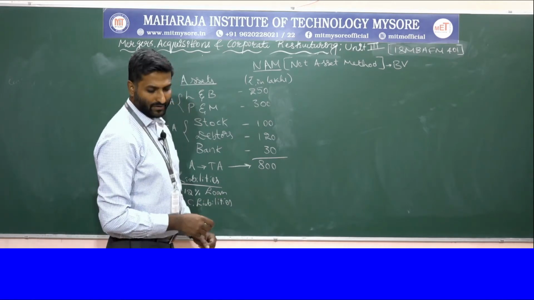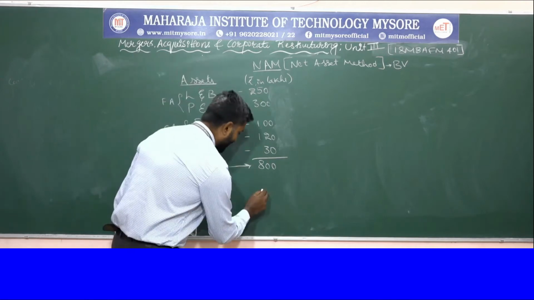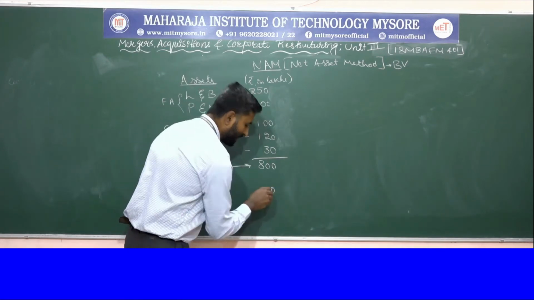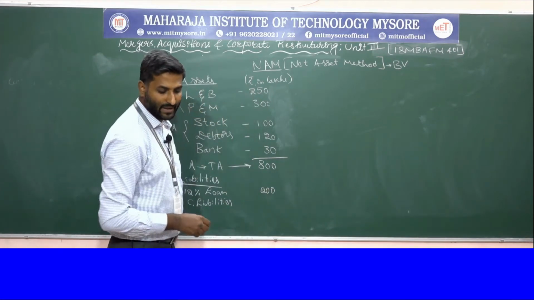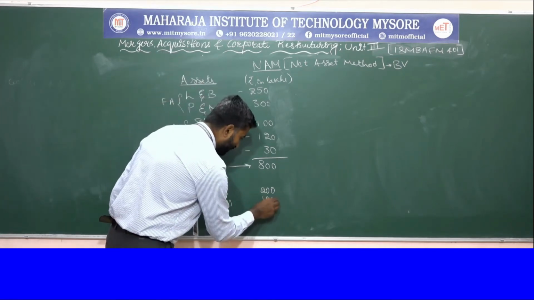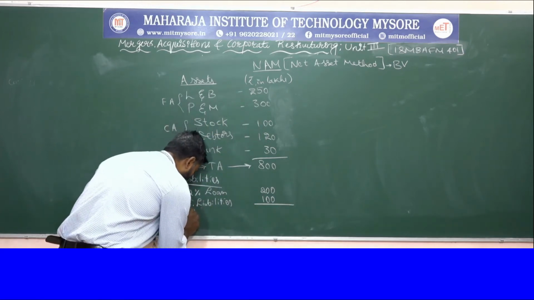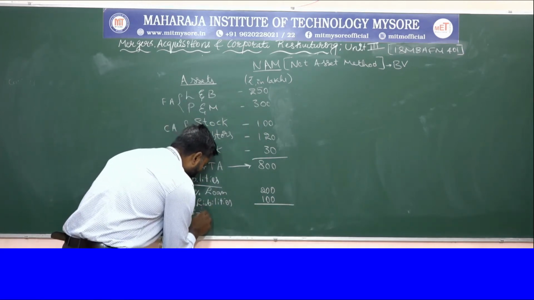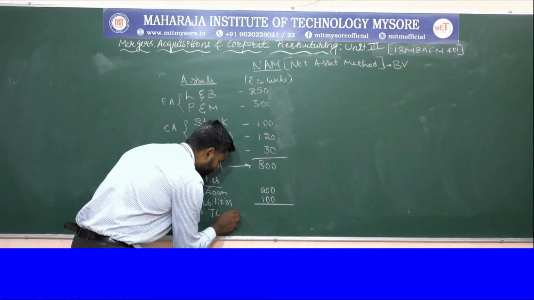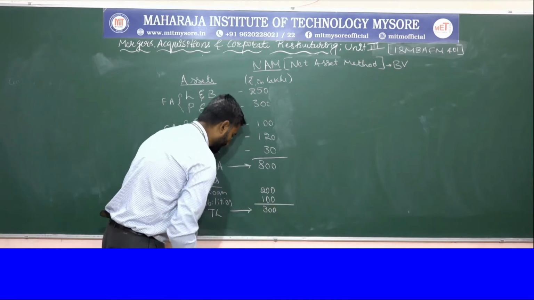The 12% loan amounts to rupees 200 lakhs and the current liability amounts to rupees 100 lakhs. So the total liability, capital B, amounts to rupees 300 lakhs.